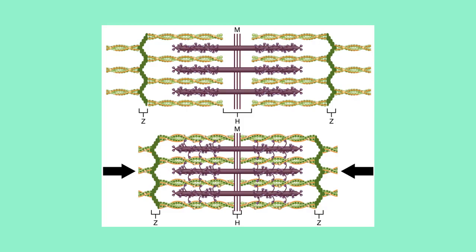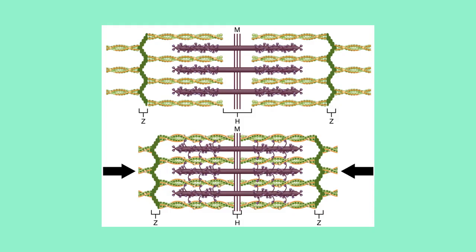So this is showing at rest on top. You don't have any binding between the myosin head and the binding site. Why? Because the binding site's covered up by the tropomyosin right here, that orange strand. It physically cannot bind there. But over here, where you have muscle contraction occurring, you can see the darker green spots here. Those are the binding sites.